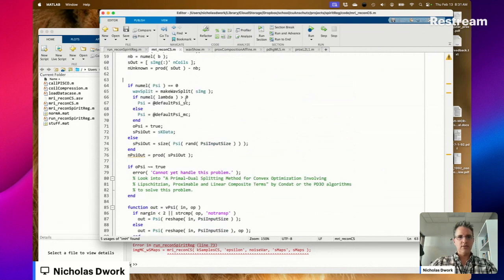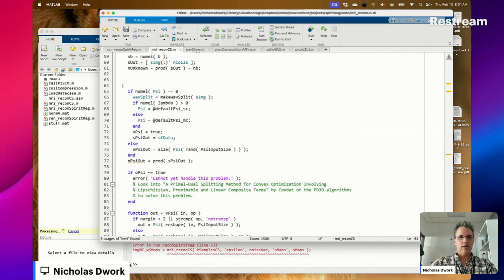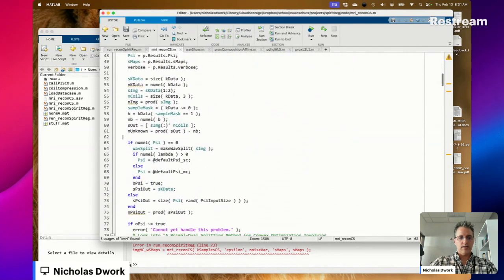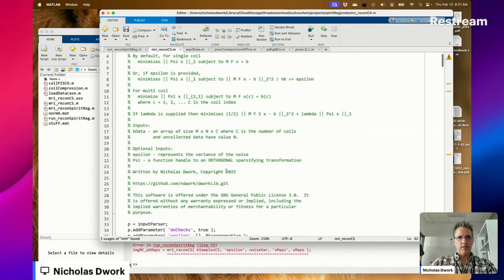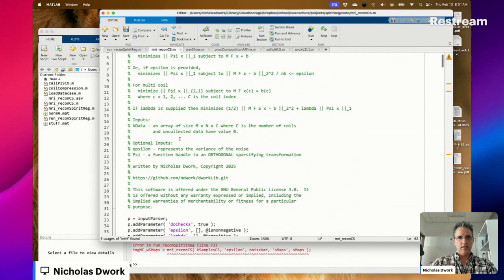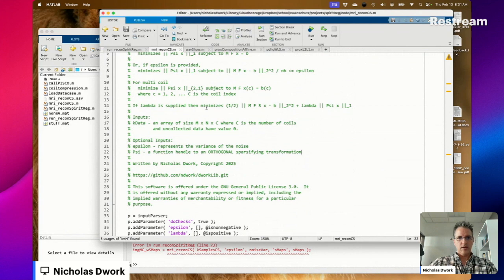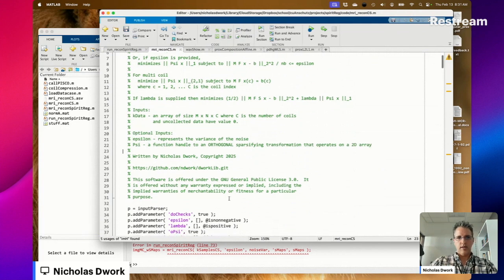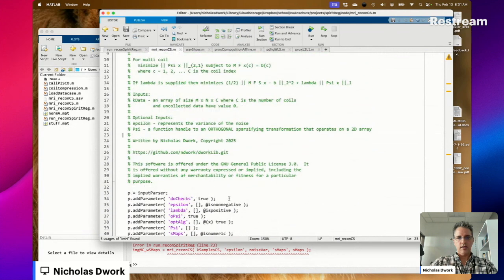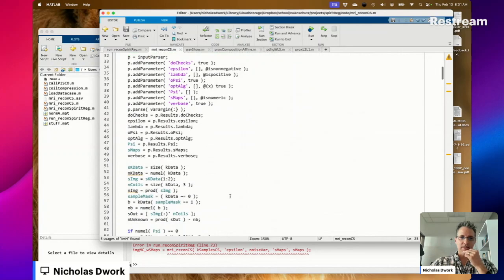I'm going to have a single coil and a multi-coil. Of course, it'd be best if psi just operated on however many dimensions you gave it.